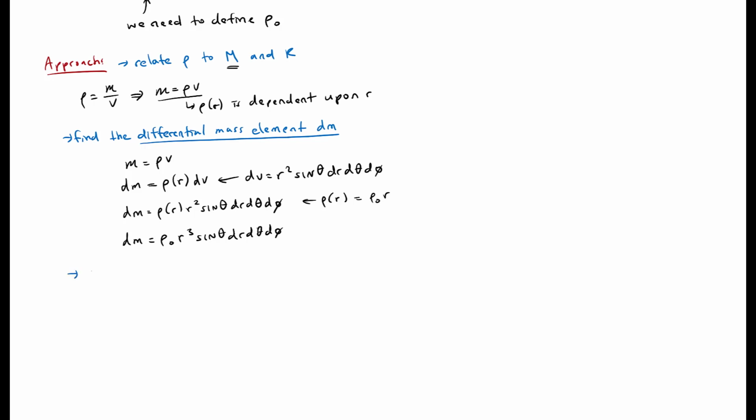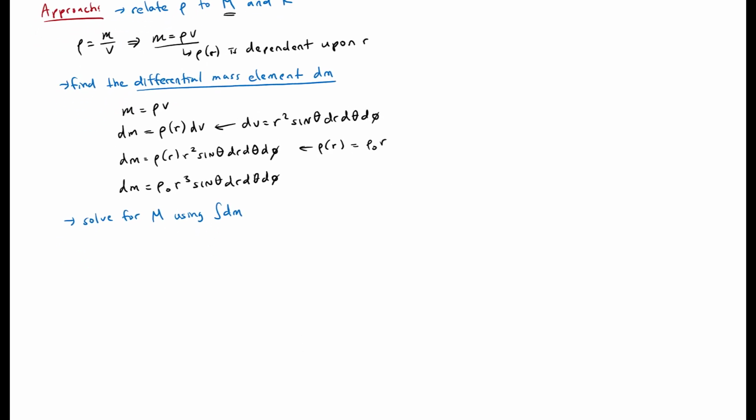After that, we can solve for m using the integral of dm. So m is equal to the integral of dm, which can be rewritten as the integral of rho naught r cubed sine theta dr d theta d phi.